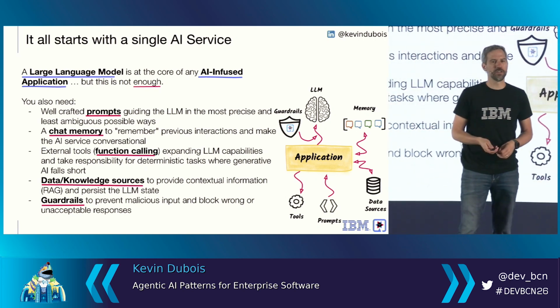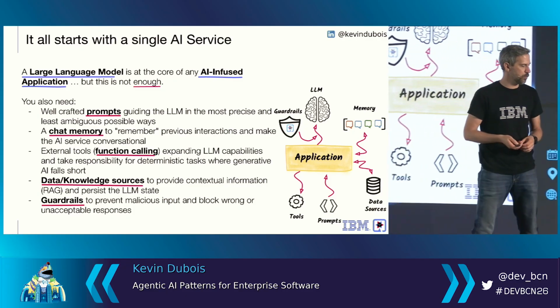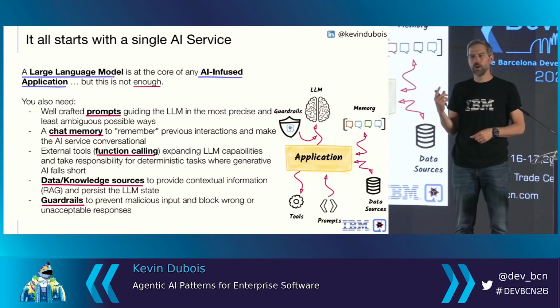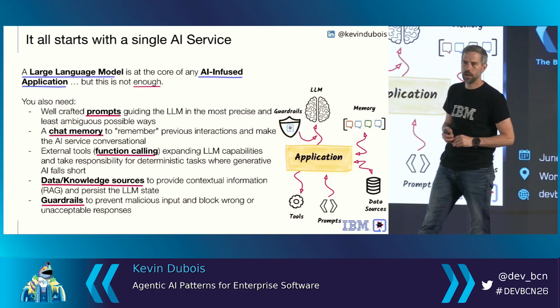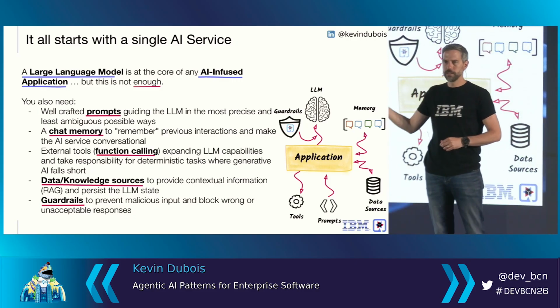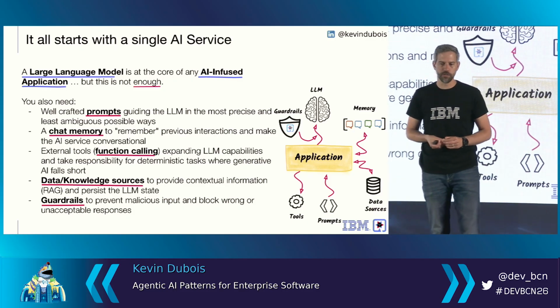These guardrails are really important, and you can wrap them around MCP tool calling as well. So these are all important concepts for a single AI service. If you haven't worked with LangChain4j or Spring AI, this is what you'll definitely come across when you start creating your first AI service.